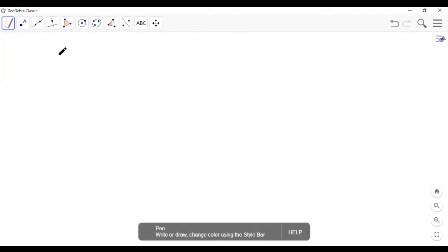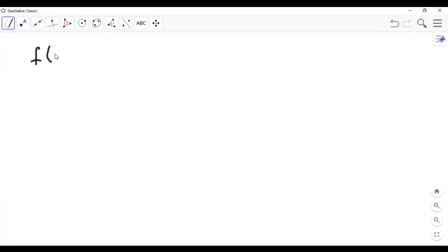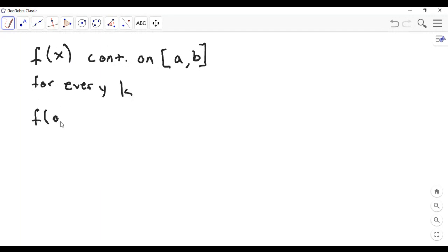It basically says that if you have some function f of x, and it is continuous on some interval from a to b, then you know that for every value k between the value of f of a and f of b, there has to be some point c on this interval from a to b so that f of c is equal to k.